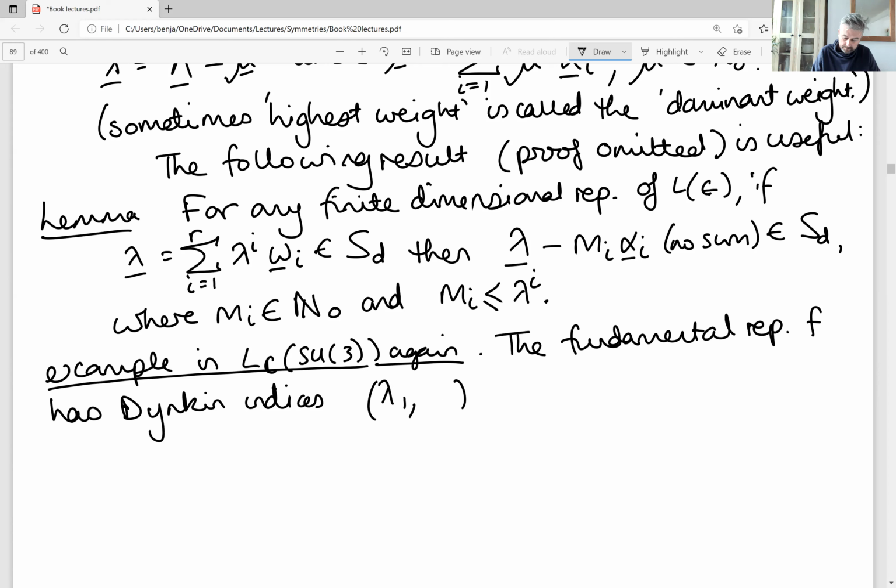I think I'll use this. So I think I've used it with indices upstairs, didn't I? Lambda 1 and lambda 2. So this is 1, 0.